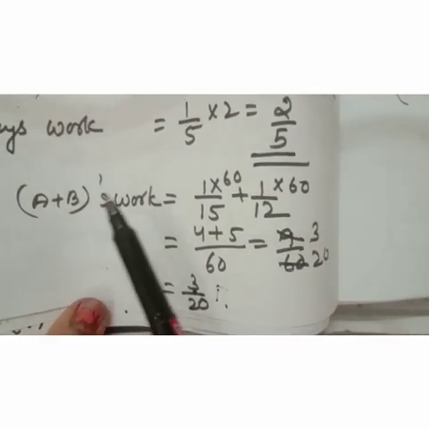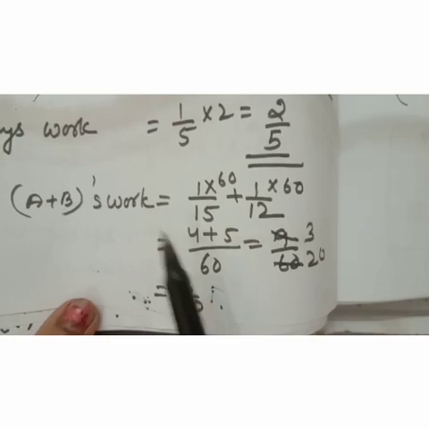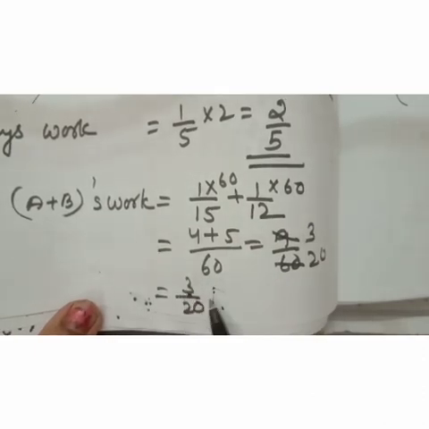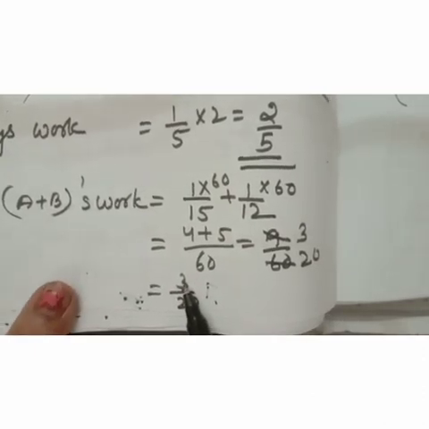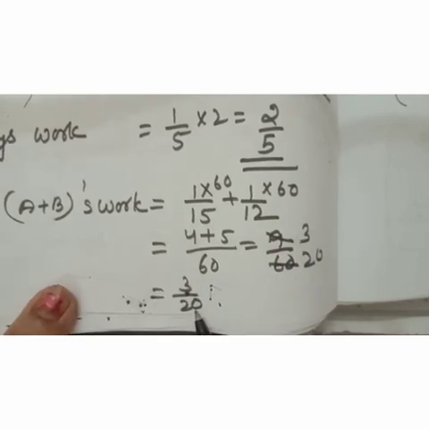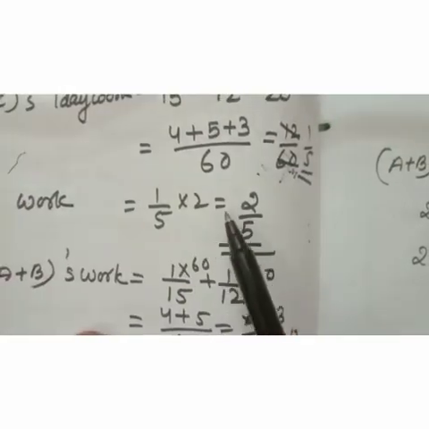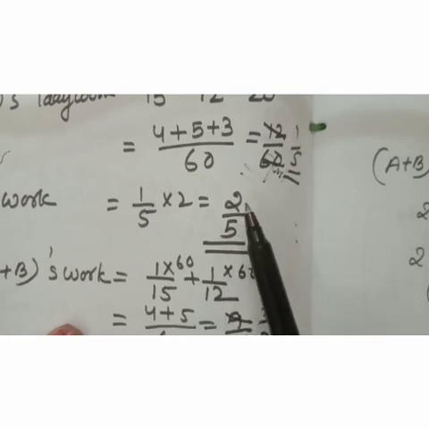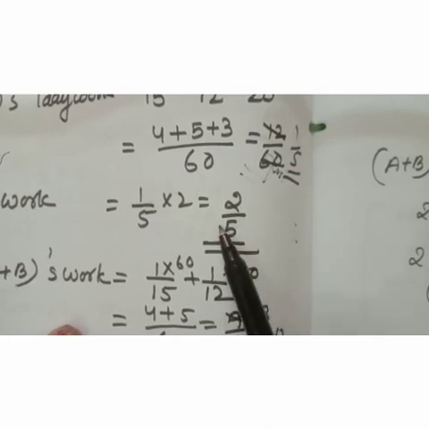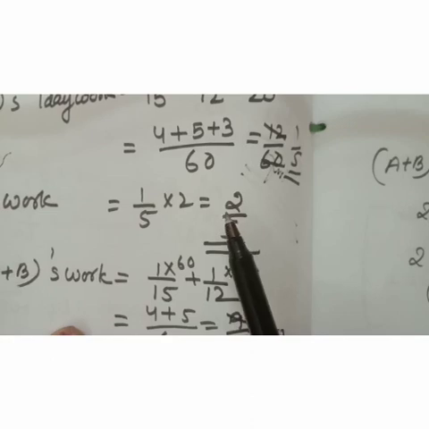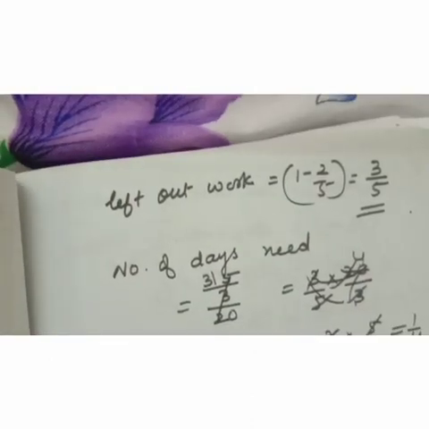You will get that A and B can do 3 by 20 work in 1 day. How much work is left out? Because in 2 days A, B, C together did 2 by 5. Now how much is left? We consider the total work as 1. So the left out work is 1 minus 2 by 5, that is 3 by 5.